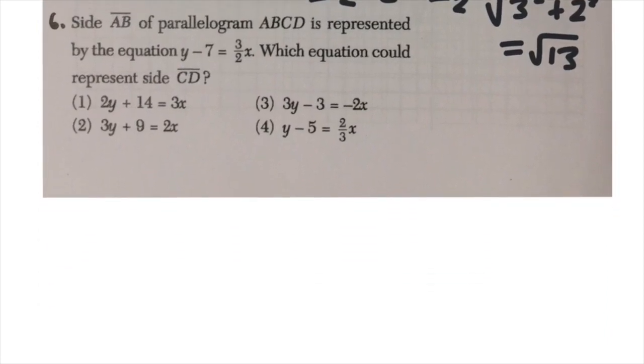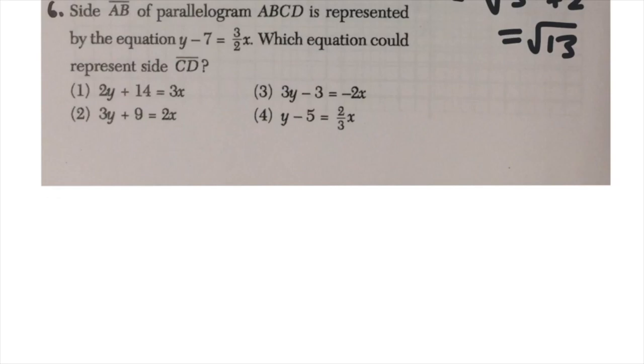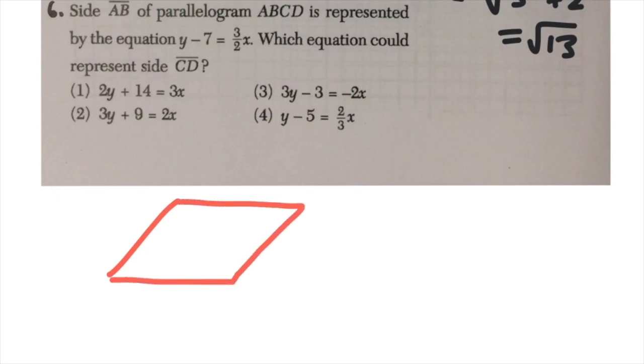For question number 6, a side of one parallelogram is represented by that equation. Which equation could represent the other side? Well, no picture. I suppose I'm going to have to draw at least a rough sketch of it. It says that there's a parallelogram A, B, C, D. And what do I know about parallelograms?